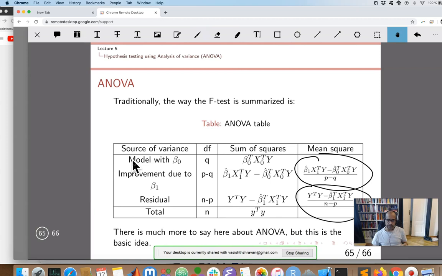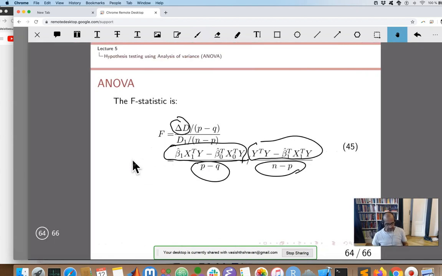None of this matrix algebra nonsense that I've shown you, but it's much more work, in my opinion, to get to that derivation than if you do it from the matrix algebra point of view. And in any case, it's good to see that you can derive the Maxwell and Delaney type of derivations. You can do them very quickly in the matrix format as well. So there are different ways of deriving the same F statistic, this thing here that I've just shown you.